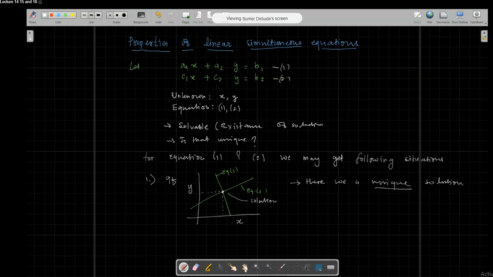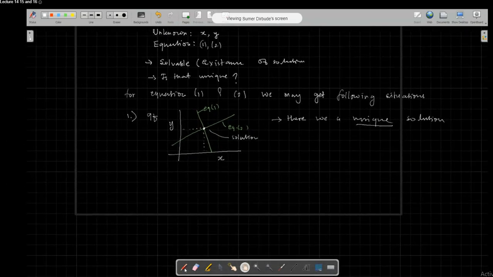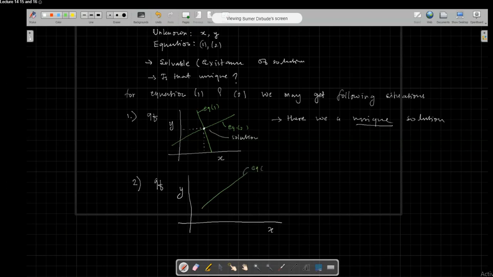Now, suppose we have another situation where we have a representation of this nature, x and y, where we get a line from equation number 1 like this, and another line which is parallel to this, which is equation 2.